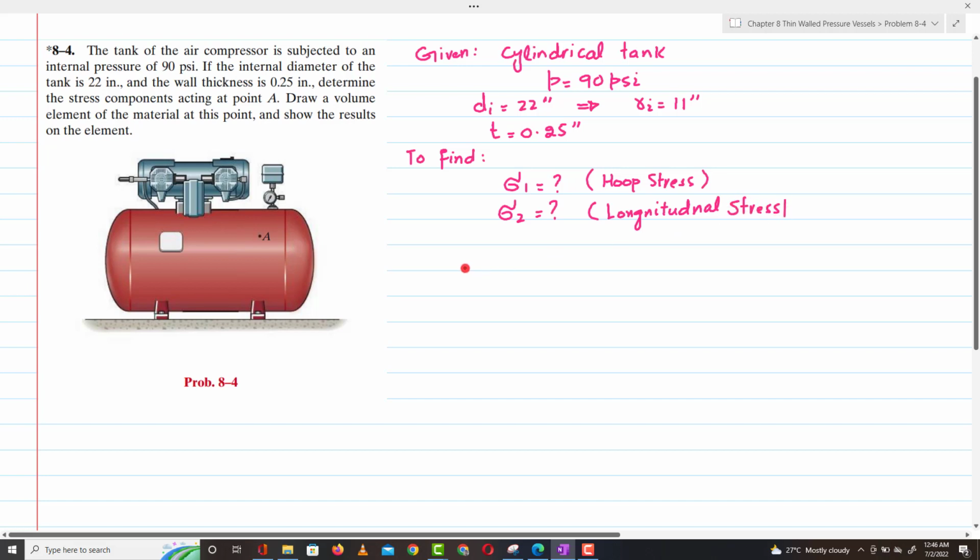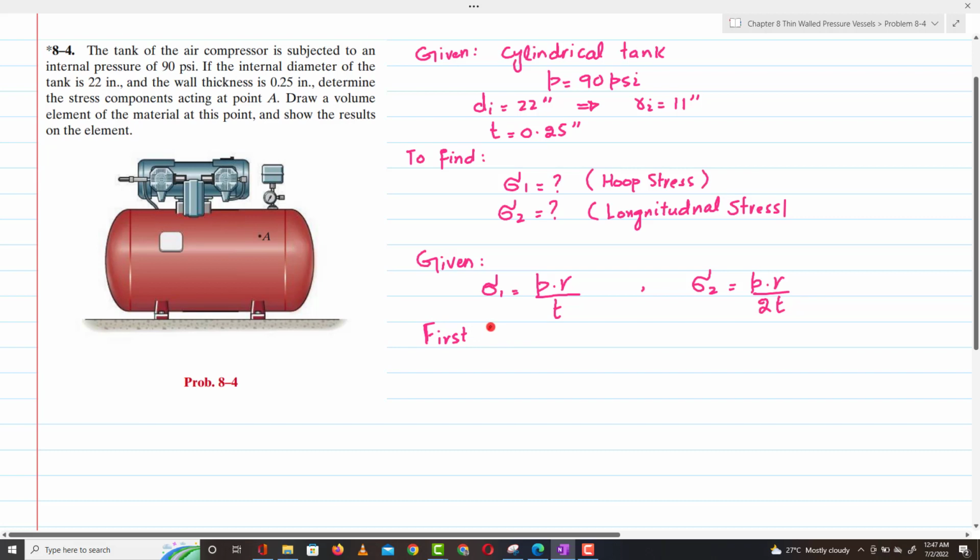So let's start with the solution. As we know, hoop stress is equal to P into R divided by T, and longitudinal stress is equal to P into R divided by 2T. But first we have to check whether this is a thin wall or thick wall pressure vessel.